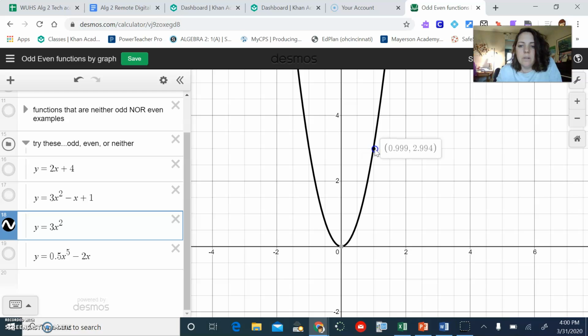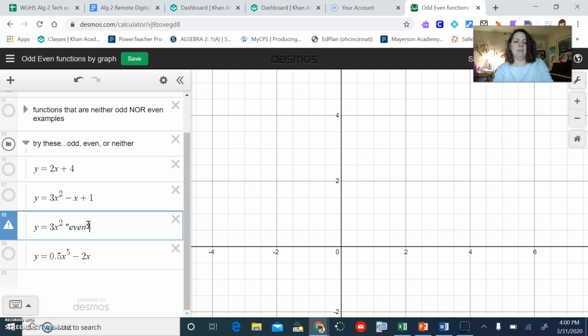And 1, 3 is on there. So yep, it is symmetric about the y-axis. So that one would be an even function. Okay, these were odd. Sorry, that was neither. My bad. How do you spell neither? I can't do it all of a sudden.